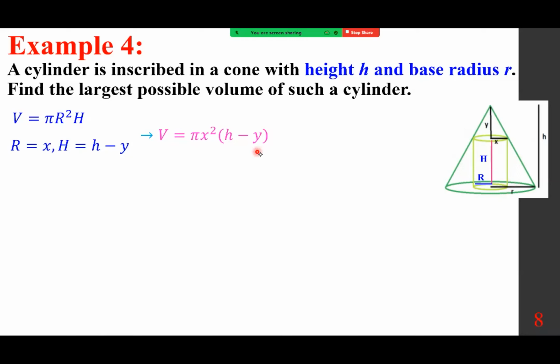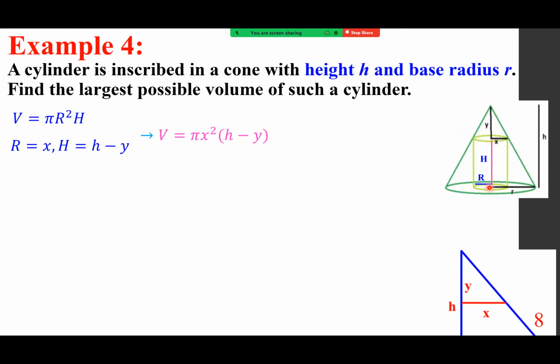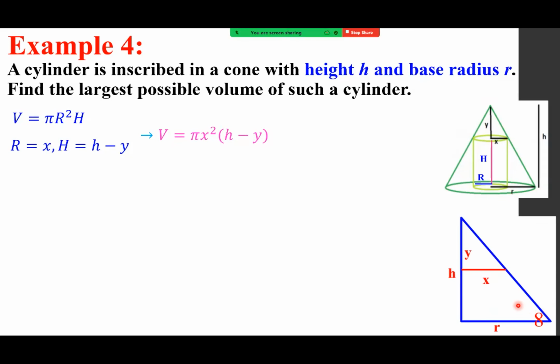The y also is a variable and it changes. So what do we do? If you look at this part, it's the following triangle. We made it larger. This distance is x, this distance is y, this distance we call it lowercase r, this distance is h, the height of the cone.